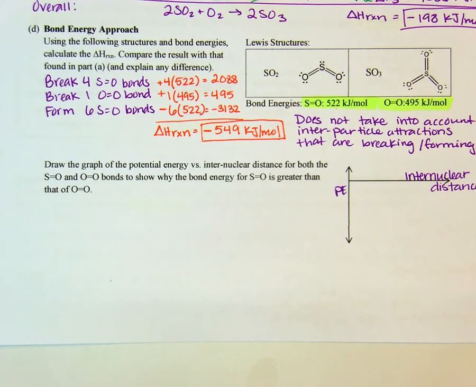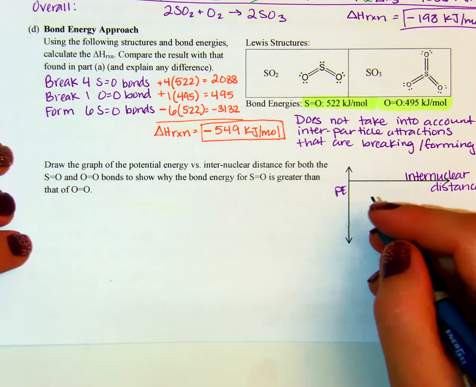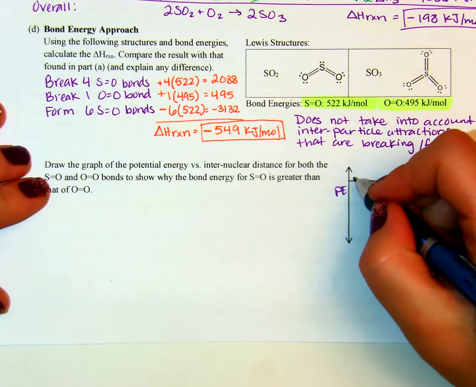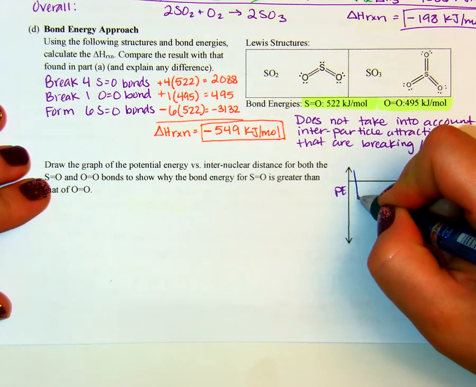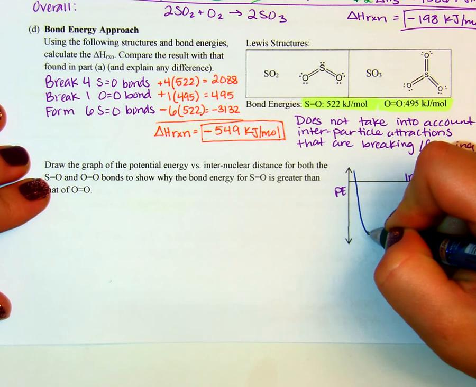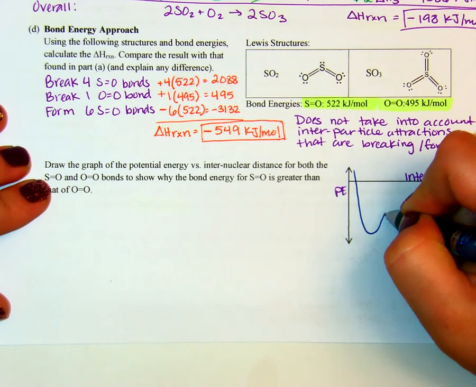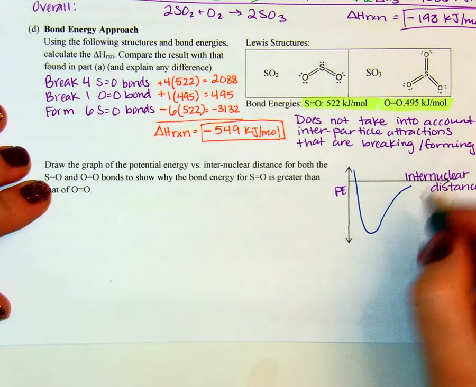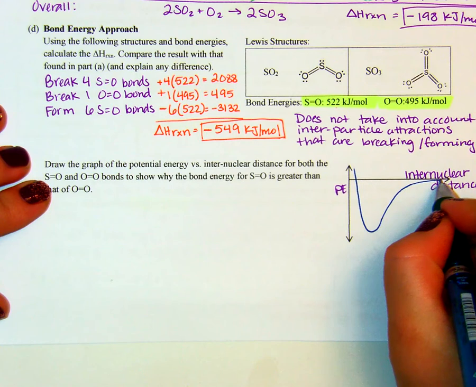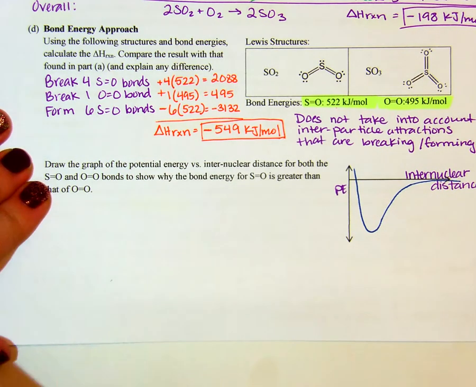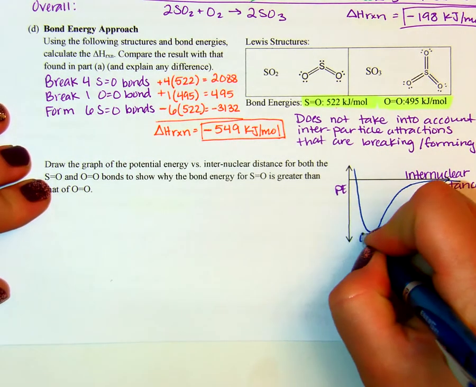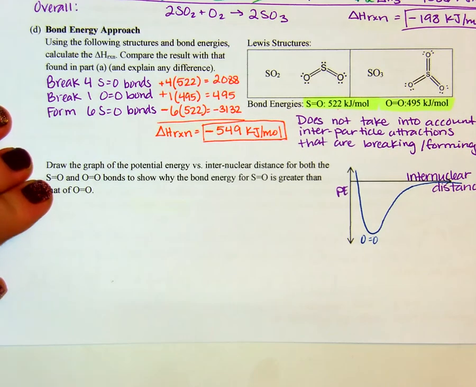Okay, I'm going to color code this so it doesn't get super confusing. So the first one we're going to look at is our OO, our oxygen. So I'm going to draw this and then we'll explain the reason that it looks the way it does. So we have this potential energy well going down pretty low, and this coming back up and leveling off when it gets pretty far away. And then that's going to be for our oxygen, OO. So that's that bond.